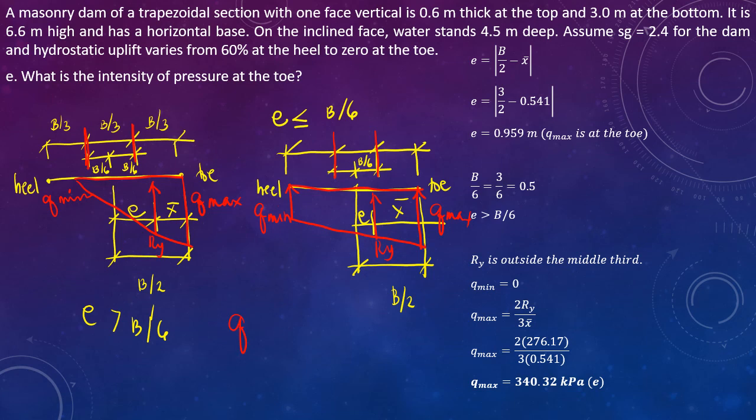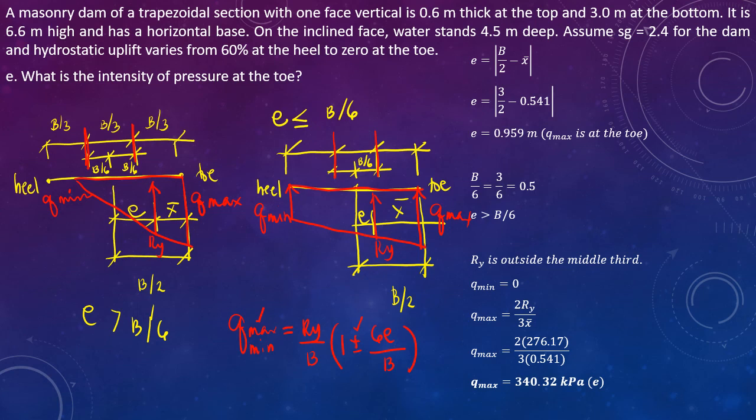Wherein Q max or min is equal to Ry over B times 1 plus or minus 6E over B. Now, if you are solving for maximum, you use the positive.